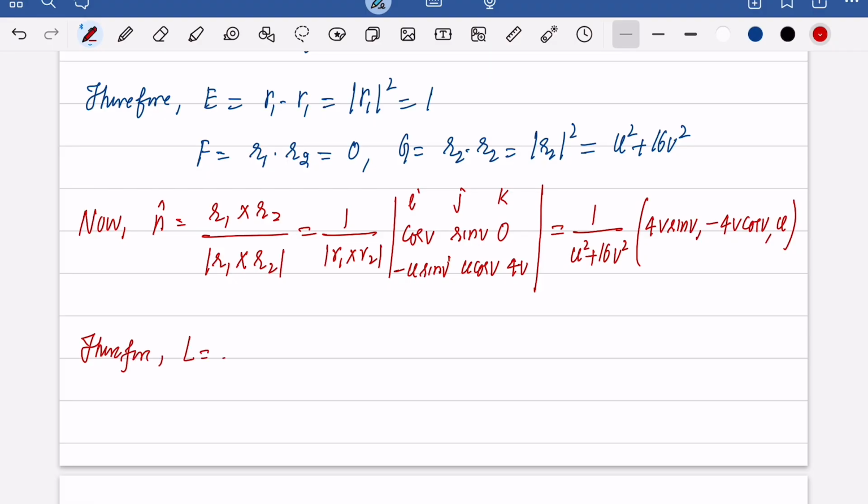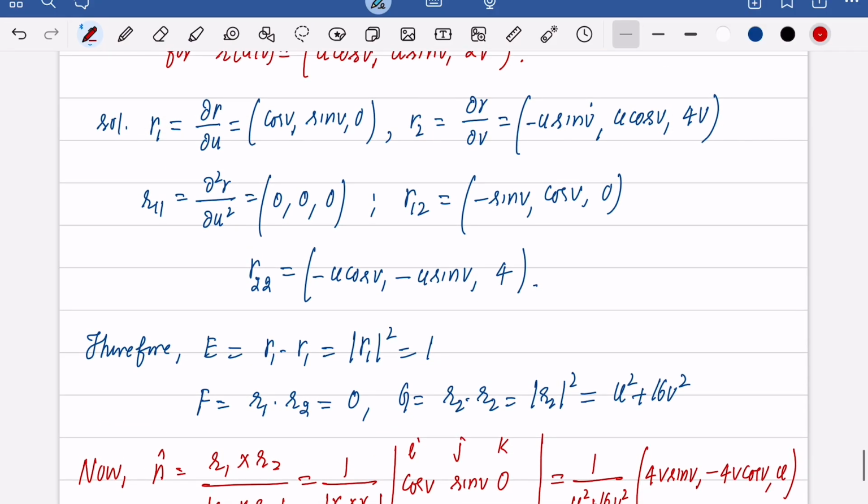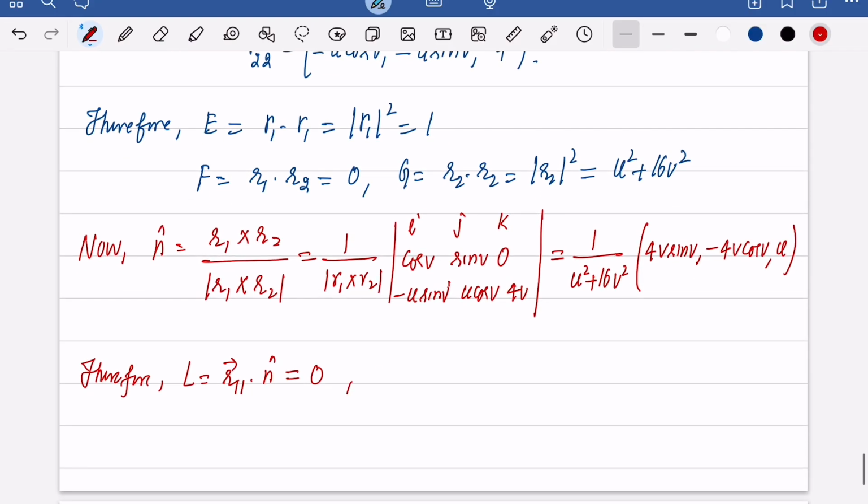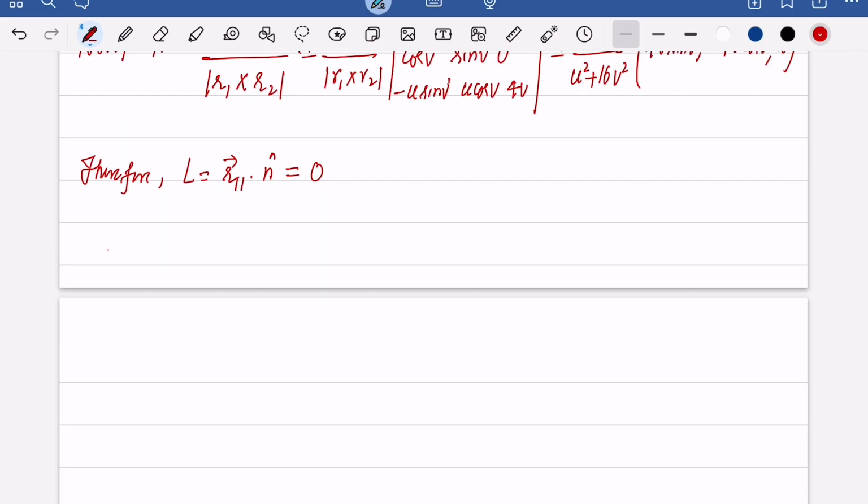Therefore we can calculate L, which is equal to r11 dot the unit vector n. This is equal to 0 because our r11 is equal to 0. Next, M is equal to r12 dot the unit vector n.